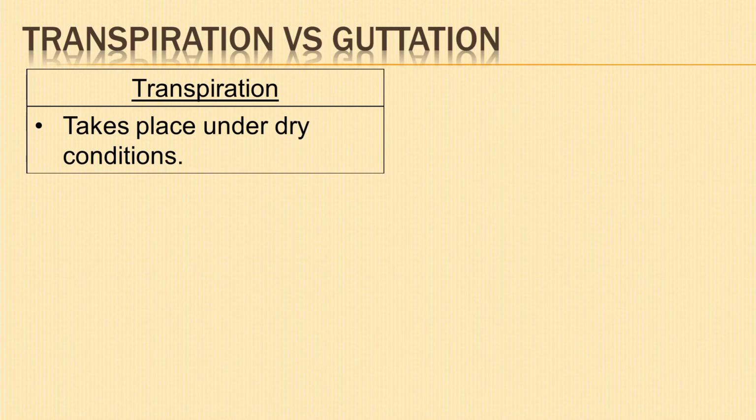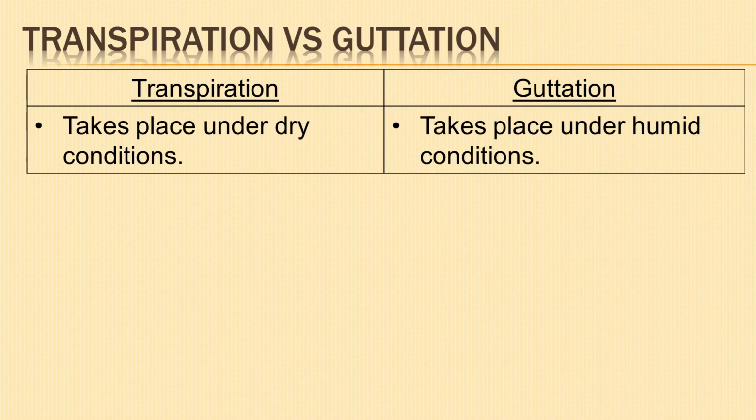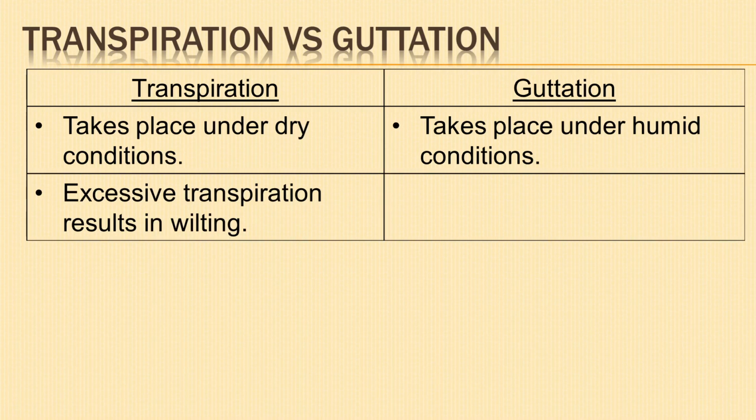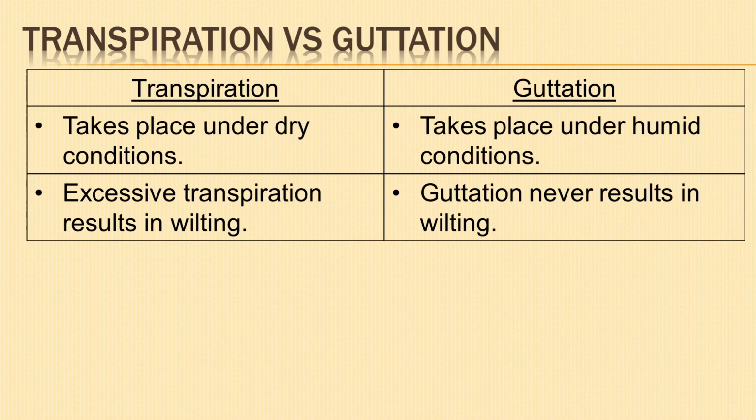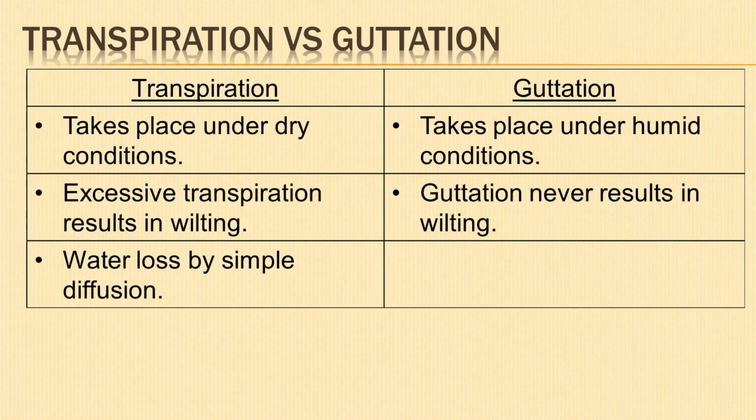Transpiration takes place under dry conditions. Guttation takes place under humid conditions. Excessive transpiration results in wilting. Guttation never results in wilting. Water loss in transpiration is by simple diffusion.